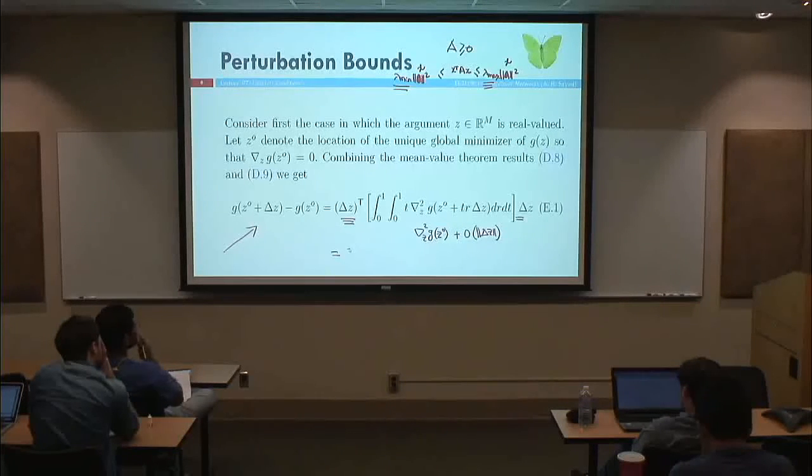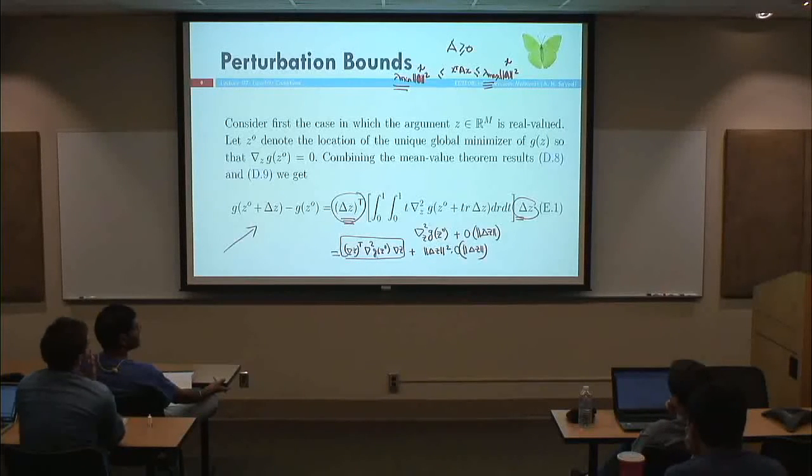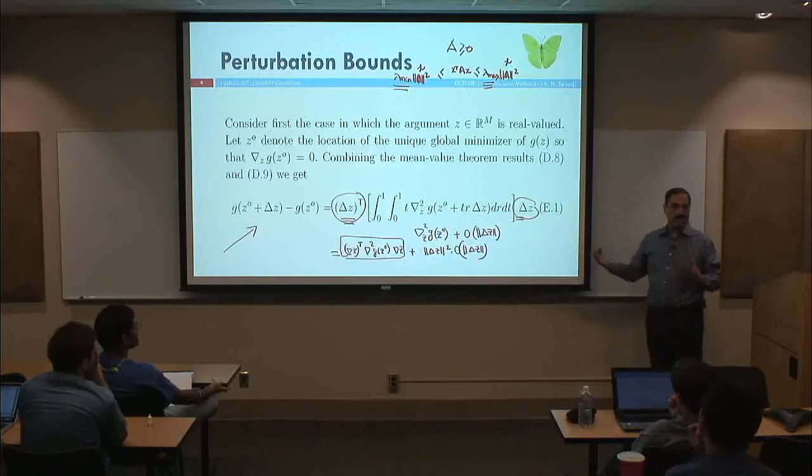So when you compute this integral, you will get two terms. What will you get? You will get delta Z transpose times the Hessian at Z0 times delta Z, plus the norm of delta Z squared coming from this inner product, times something of the order of delta Z, correct? So look here, this is a weighted norm, a vector times a non-negative definite matrix. Actually, in this particular case, it is positive definite because the function is strongly convex.